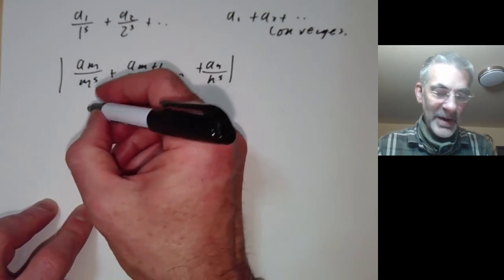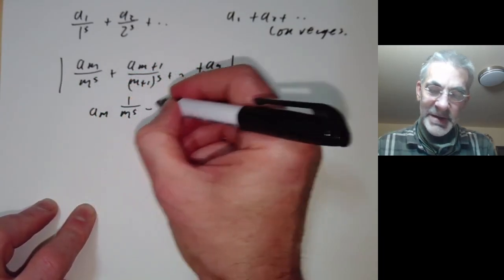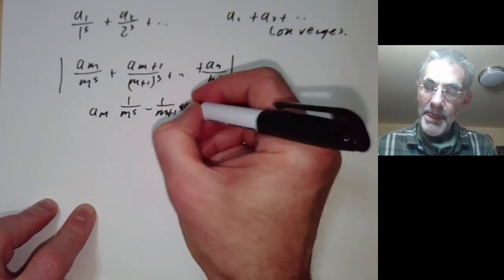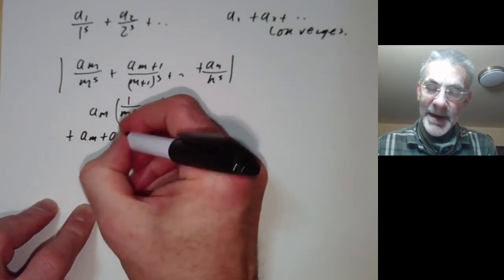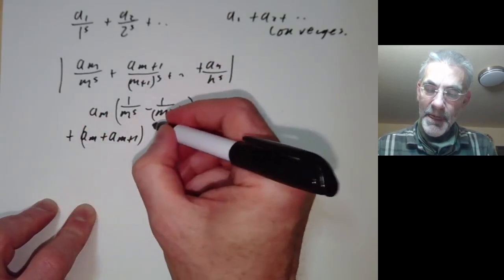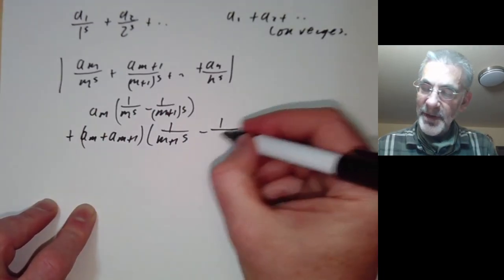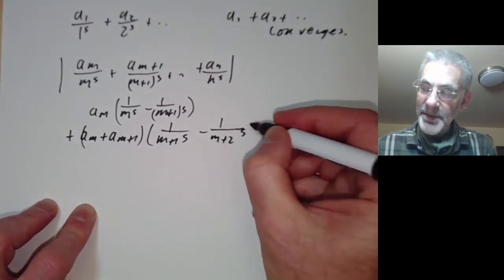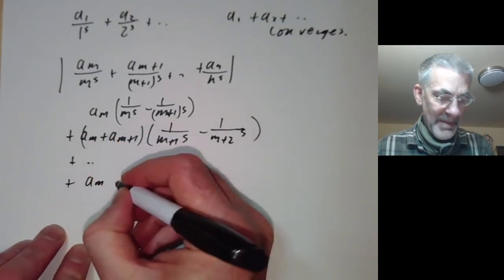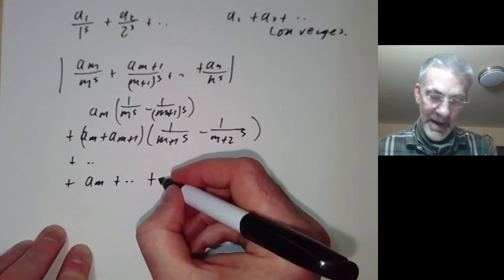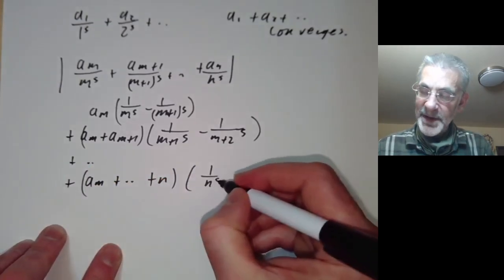So using Abel, we need to look at am times 1 over m to the s minus 1 over m plus 1 to the s, plus am plus 1 times 1 over m plus 1 to the s minus 1 over m plus 2 to the s, plus various other terms all the way up to plus am plus and so on up to an times 1 over n to the s.